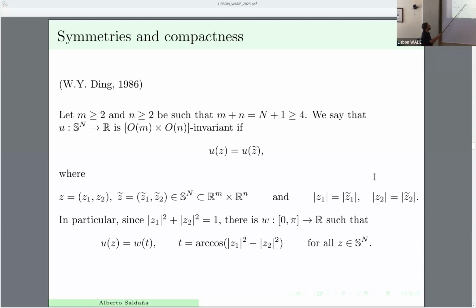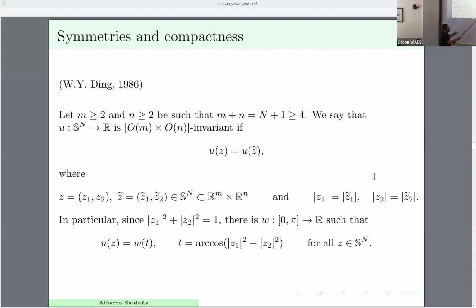This means that if I have an element in the sphere that I can embed in Rm times Rn, because m plus n equals n plus 1, and this has to be bigger or equal to 4, then my function is only invariant under the set of symmetries that keep unchanged the Euclidean norm of each of the entries of a vector in the sphere, where, let's say, Z1 belongs to Rm, Z2 belongs to Rn.